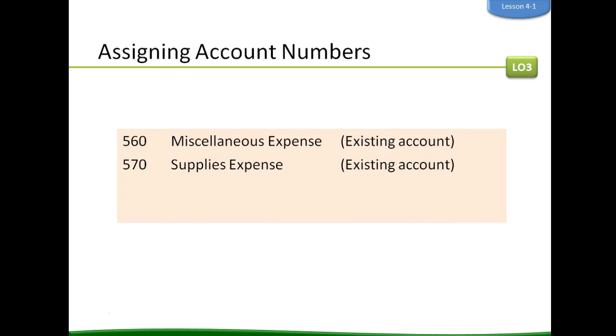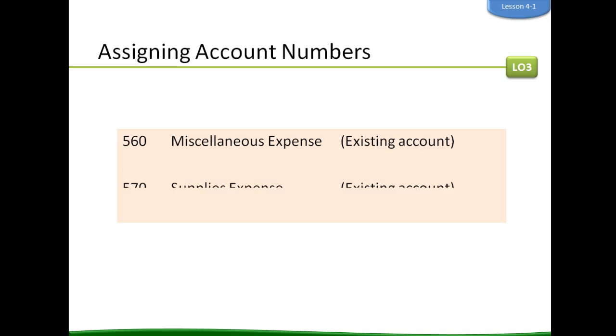So you can see that we have an existing account of miscellaneous expense. We've numbered it 560. We have another account that's our supplies expense. It's 570.